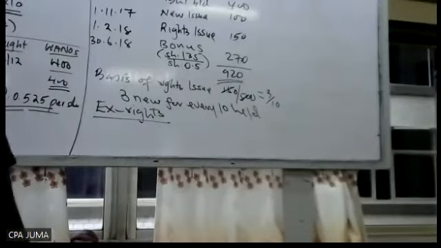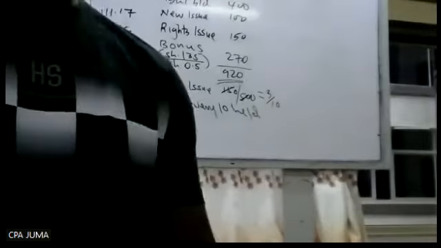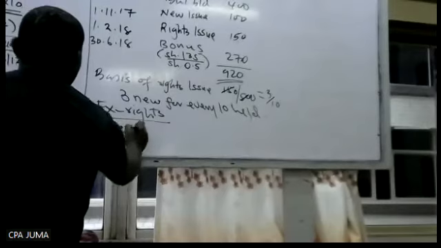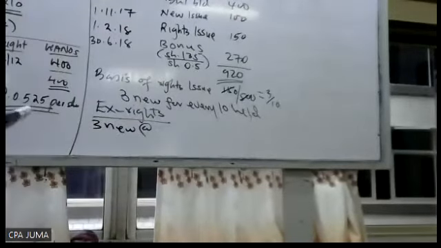X rights price will be 1.88. Okay. You go with the basis. 3 new. They were issued at what value? 1.5.